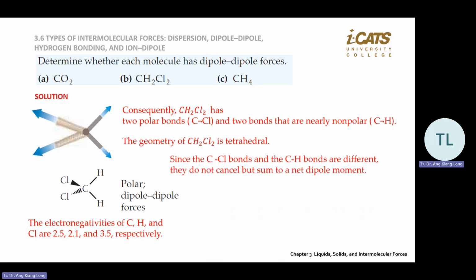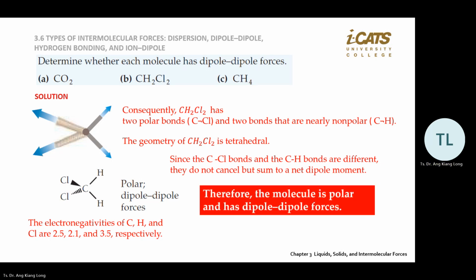The geometry of that we already covered. So you calculate the number of bonds and the number of lone electron pairs. Then you refer to the table. You get one shape. The geometry is tetrahedral, right? So in this molecule, we say that the molecule is a dipole and has dipole-dipole forces.